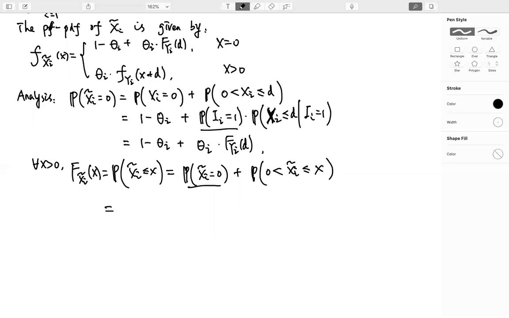So let's analyze the second part. Again, in order for my x tilde to be strictly positive, my big I has to be equal to 1, right? And then I condition on, well, you can put greater than or less than.